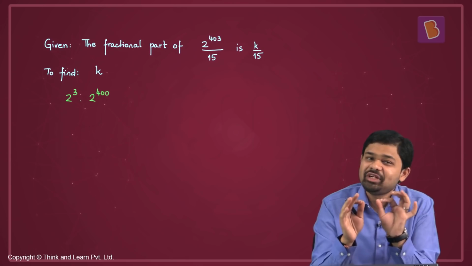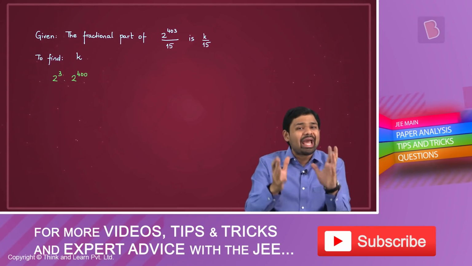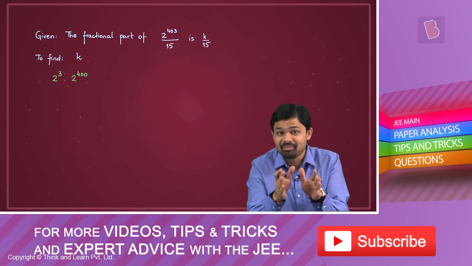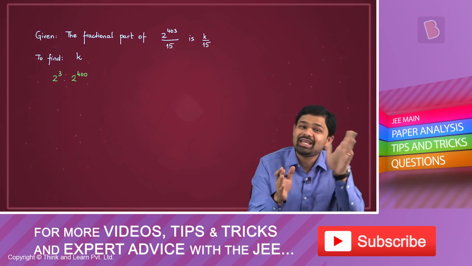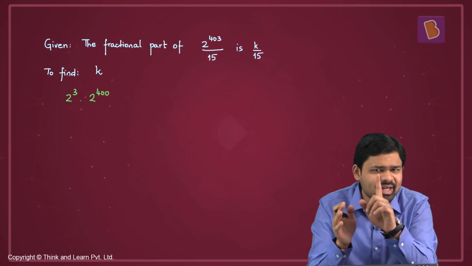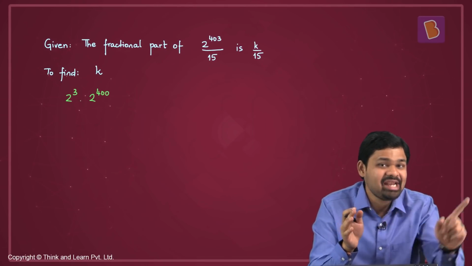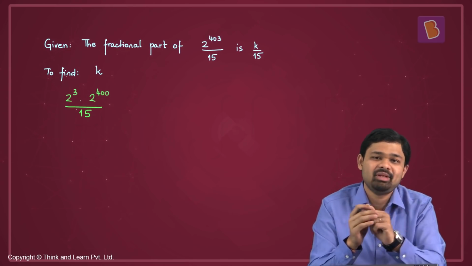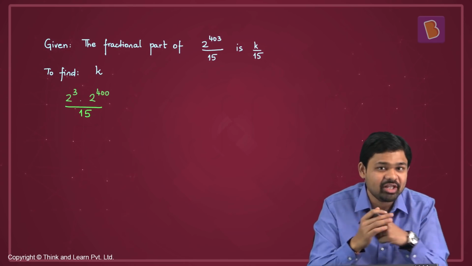And if I take 15 plus 1 to any power n, according to binomial theorem, it will have n plus 1 terms, but the first n terms of that expansion are going to be divisible by 15, right? So I have a 15 in the denominator.